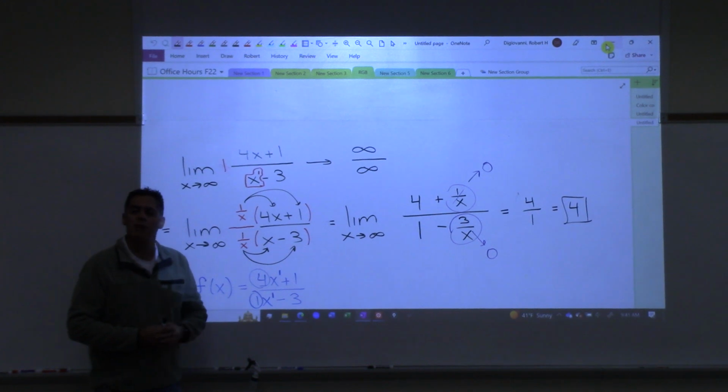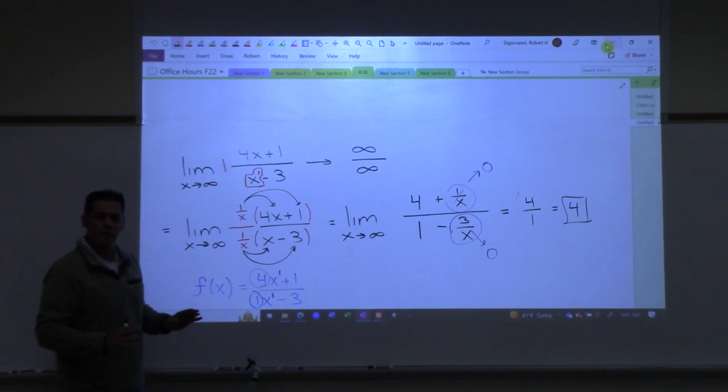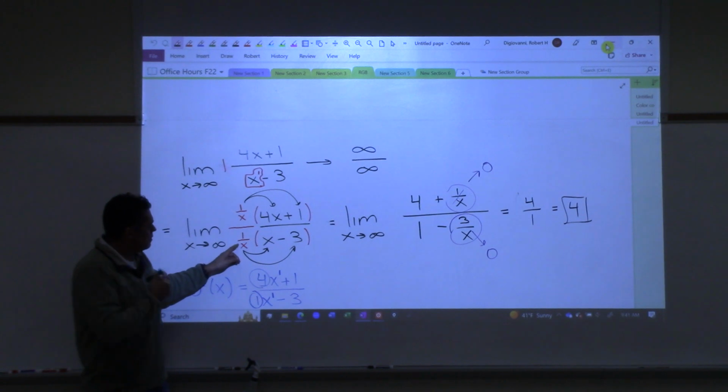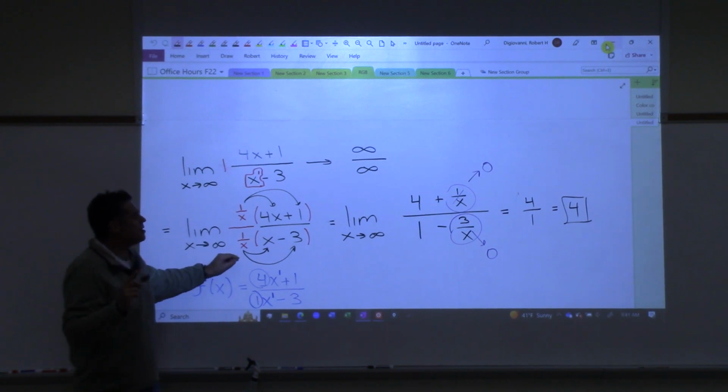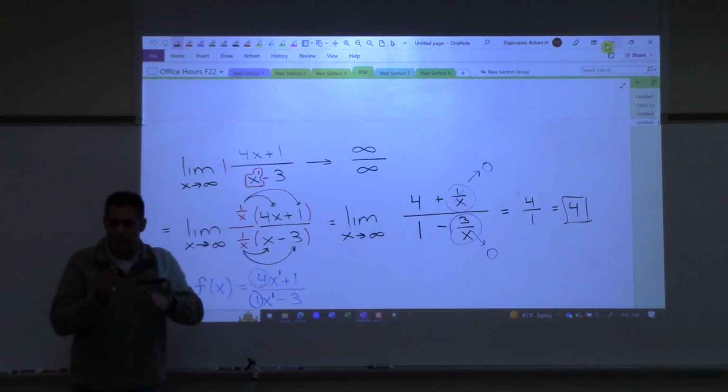Make what into a 0? You're on the right track, but fixed over infinity. If infinity is just next to a number, then it'll be infinity. I'm asking, why do I look for the highest power? Why am I going after the highest power on the bottom and trying to make it cancel out and go away? Why the bottom and why the highest power?